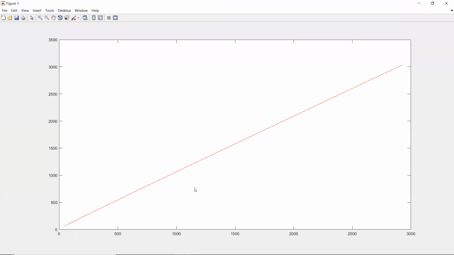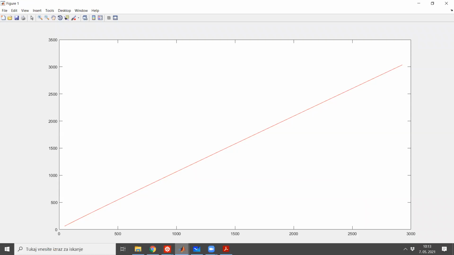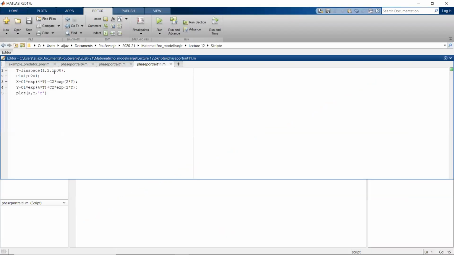Yeah, still, if I take 1 to 2, then it already coincides with this line, because our scale is already from 0 to 3000. And yeah, so this is in fact already asymptotic behavior. Maybe 1 to 1.3.